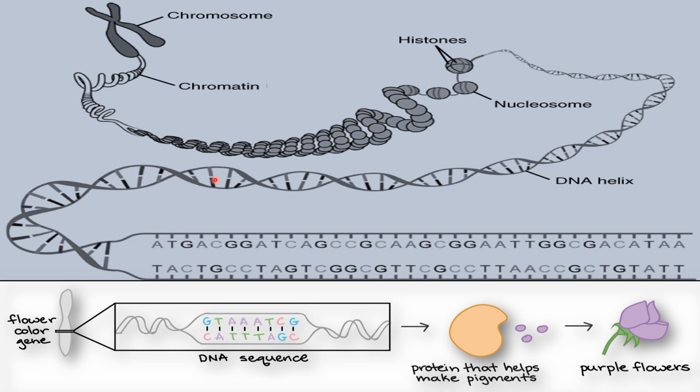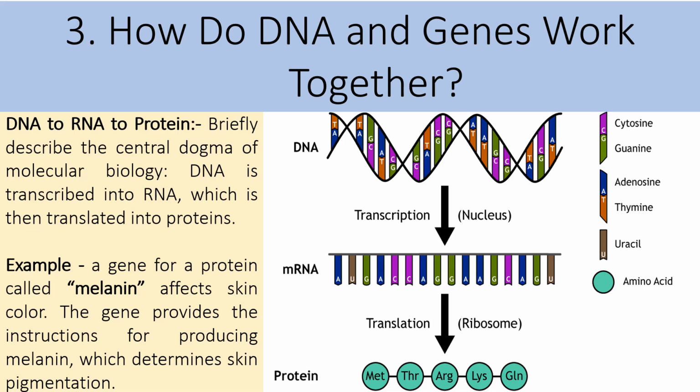These DNA and genes are passed from parents to offspring, determining inherited traits. In such a way, the variation in DNA leads to differences among individuals, contributing to the diversity in traits and health. Now let's see how DNA and genes work together.